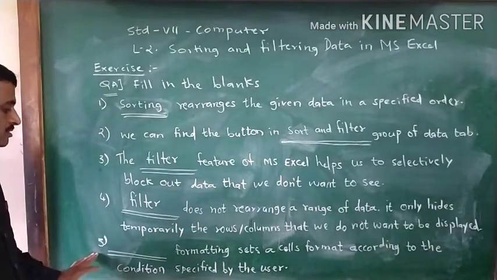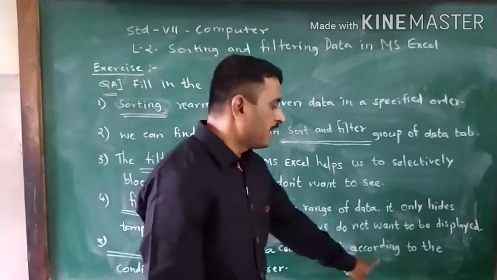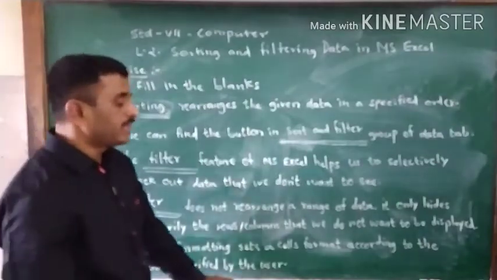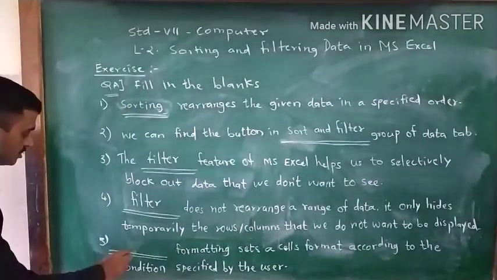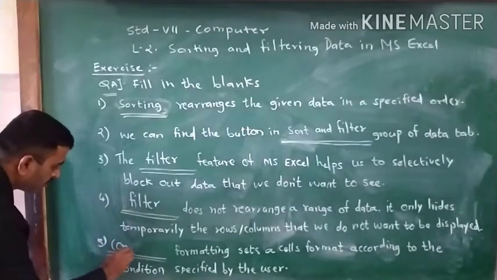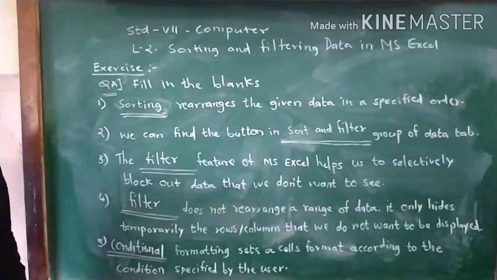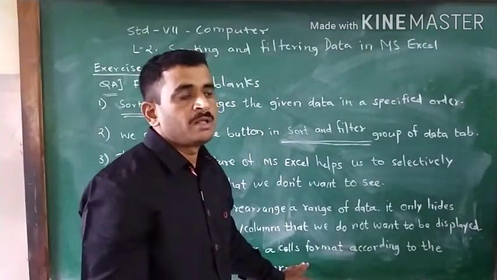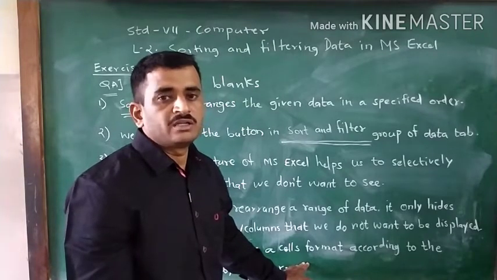Now last one is: dash formatting sets a cell's format according to the condition specified by the user. The answer is conditional formatting. Conditional formatting sets the cell's format. Cell's format means, suppose we want to color the numbers which are less than 35.